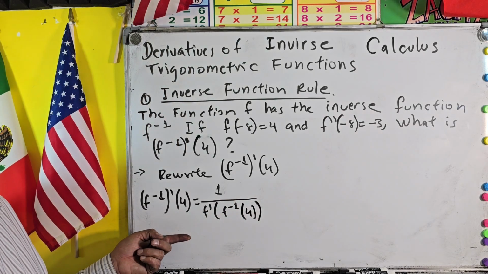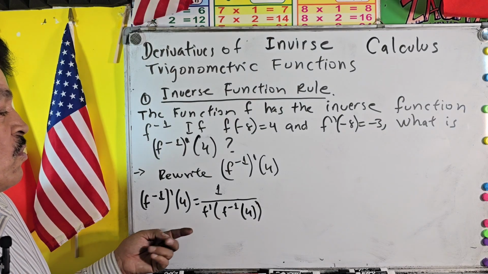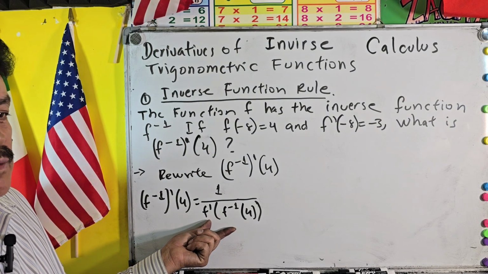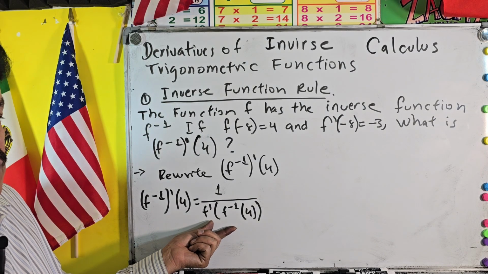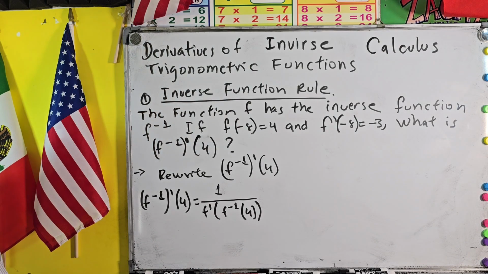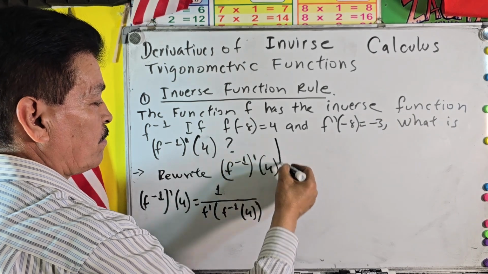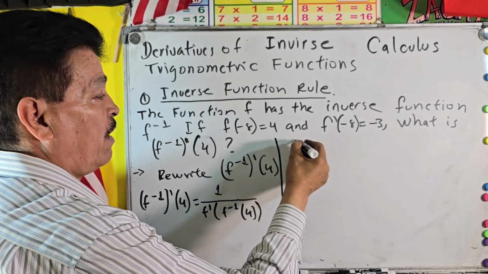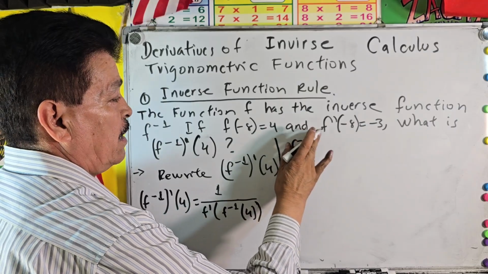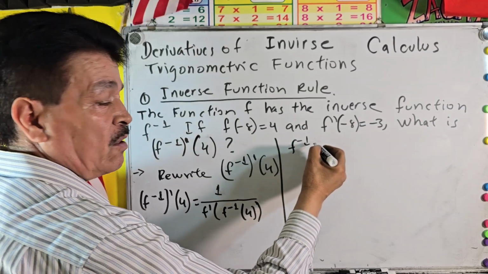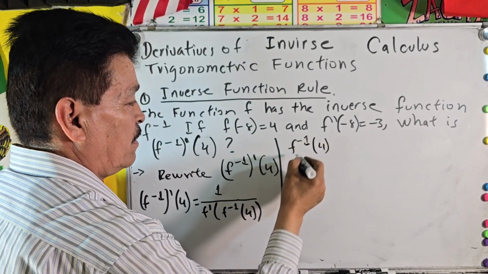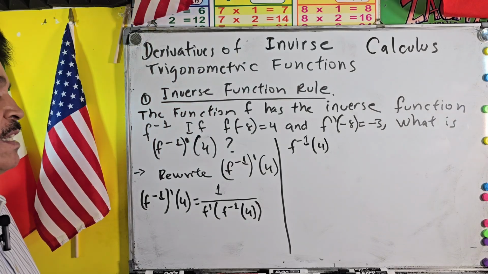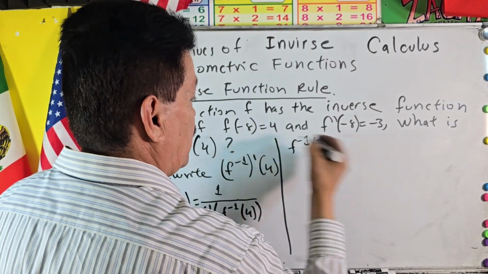The denominator here is a composition of functions. To find it, work inside out. So start with f to the -1 of 4.